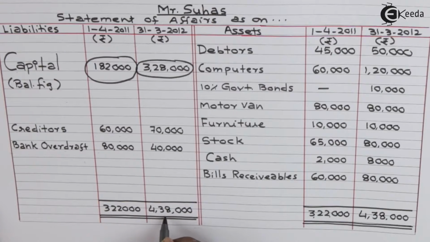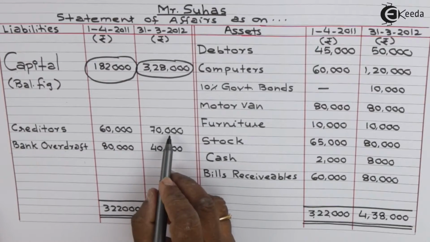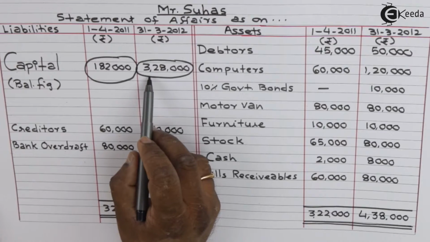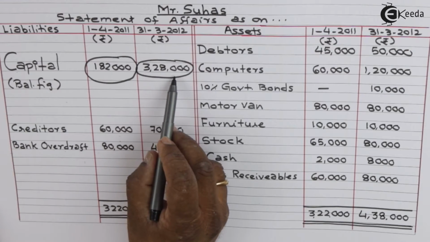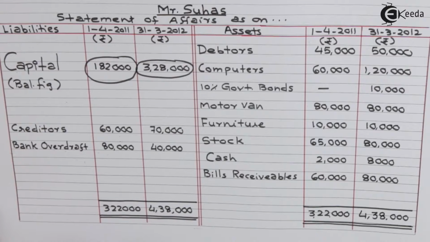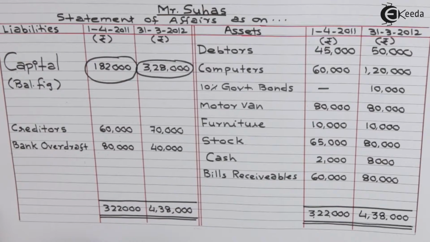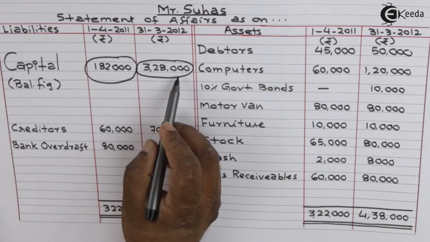From this 4,38,000, if we deduct creditors and bank overdraft, we get closing capital 3,28,000. So by preparing the statement of affairs, we have calculated opening capital 1,82,000 and closing capital 3,28,000.